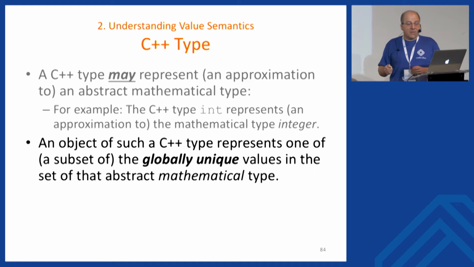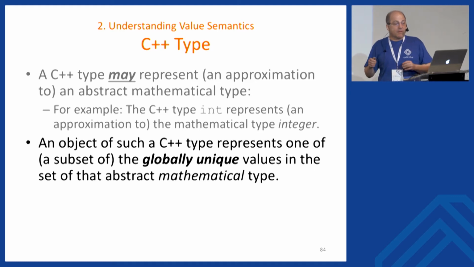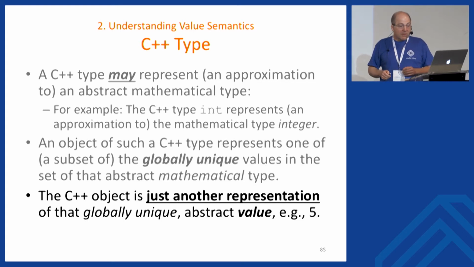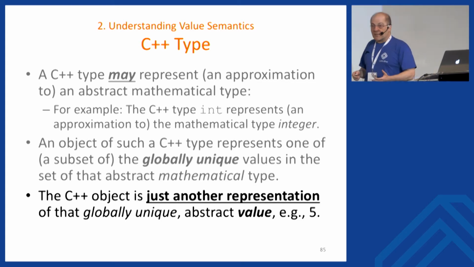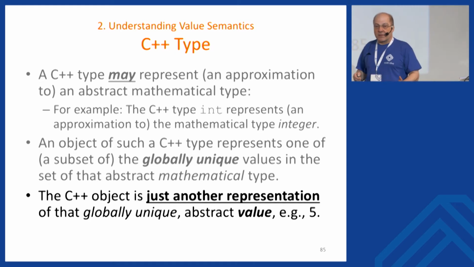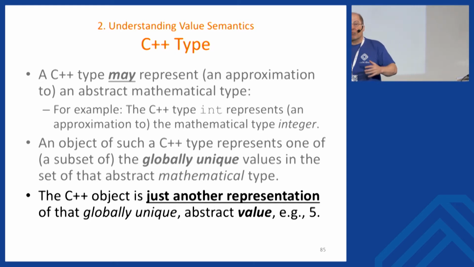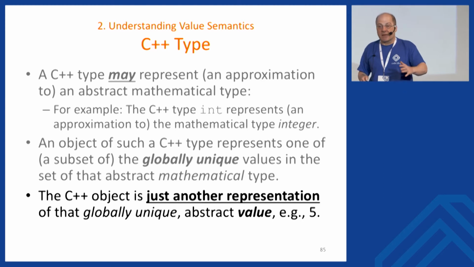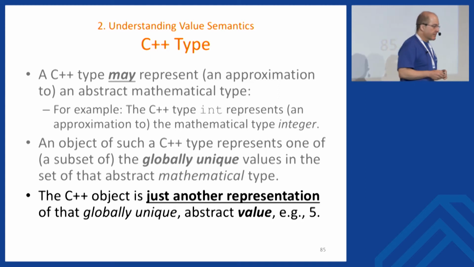So an object of such C++ type represents one of a subset of globally unique values in the set of that abstract mathematical type. So in other words, a C++ object that attempts to represent a value is just another representation of that value, which is unique. The object isn't unique, but the value is unique.